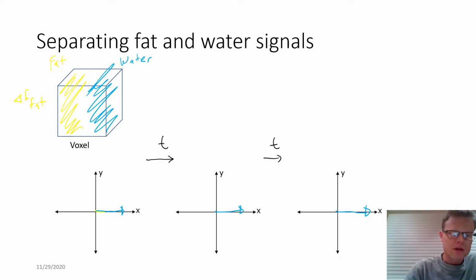So at an initial time, some echo time equal to 0, it would be in phase with the water. Now I'm going to take a certain time, chosen such that our fat has rotated by 180 degrees.